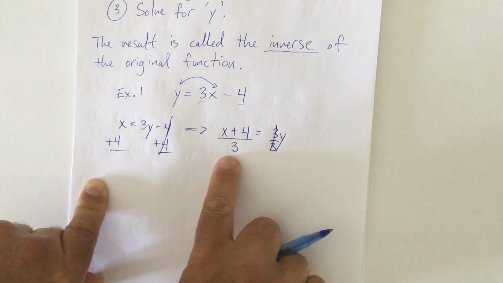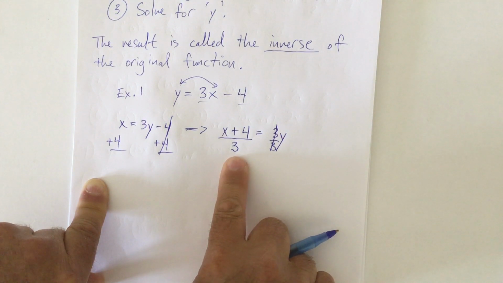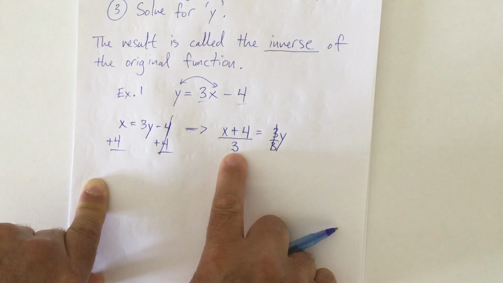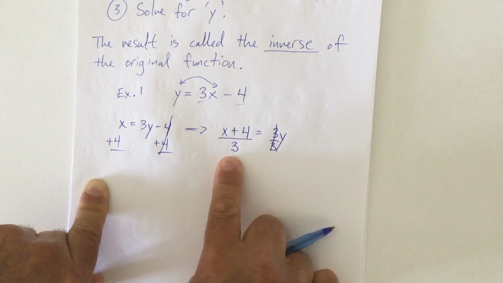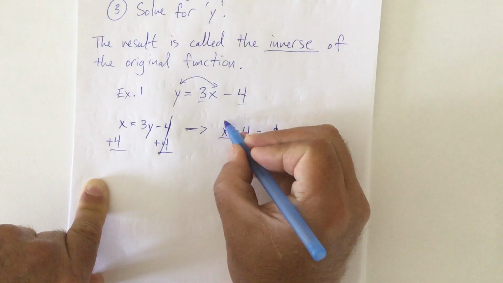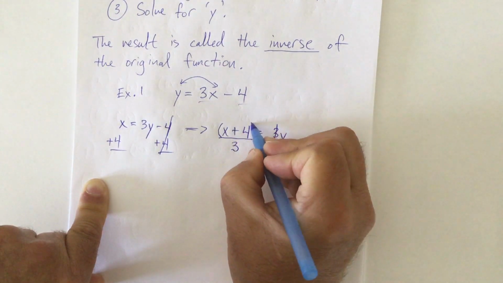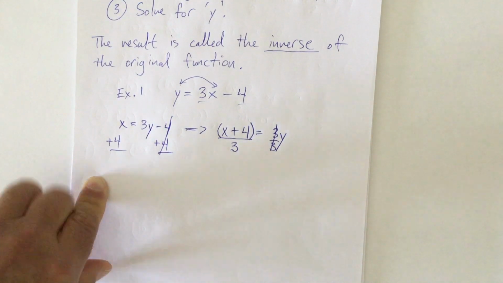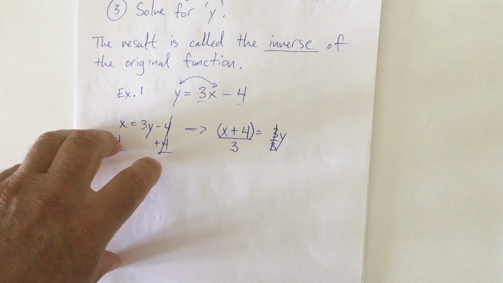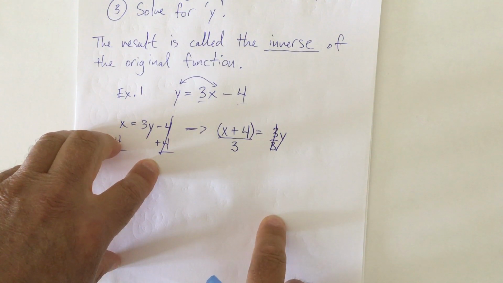Now, see that format right there? That is a really good format to use if you want to check it algebraically. But if you want to check it using your calculator, you're going to want to put this in parentheses. Why? Because every calculator has the same problem. It only knows how to divide one number by one number.